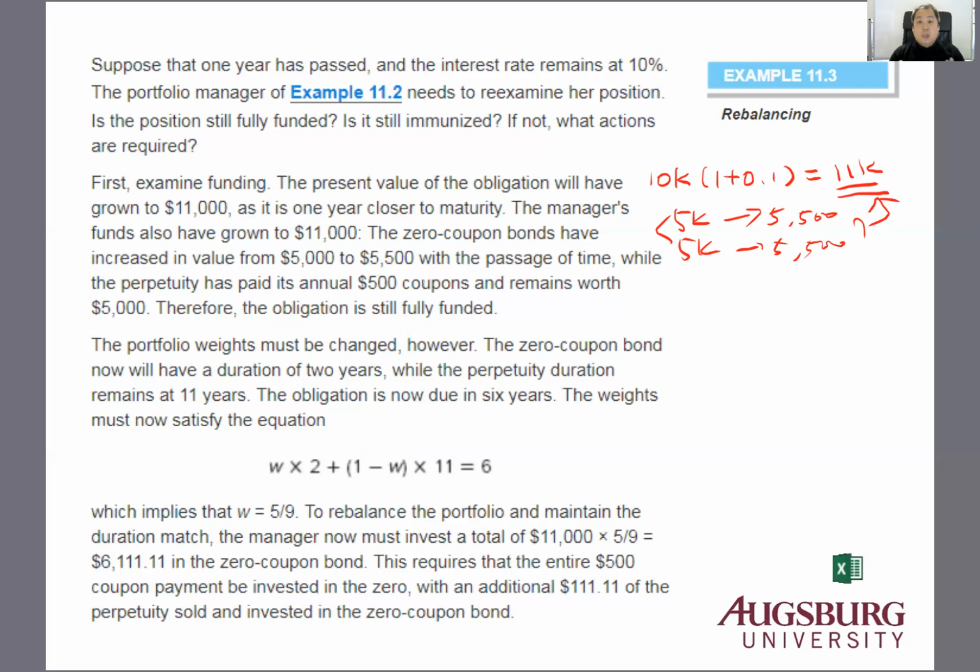It looks like it's good. Looks good. The problem is whether this portfolio's duration is the same as the duration of our obligation again. Now the duration we have is 6 years, right? 6 years. So we need to have the portfolio duration of 6 years.